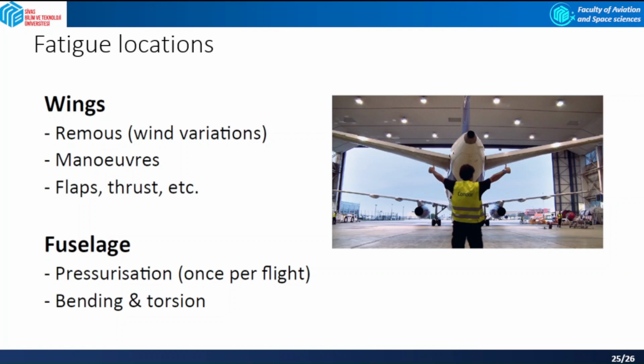So overall, these loads play a critical role in the fatigue life of aircraft structures and must be carefully considered in design and maintenance and also inspection processes to ensure the structural integrity and safety of the aircraft.